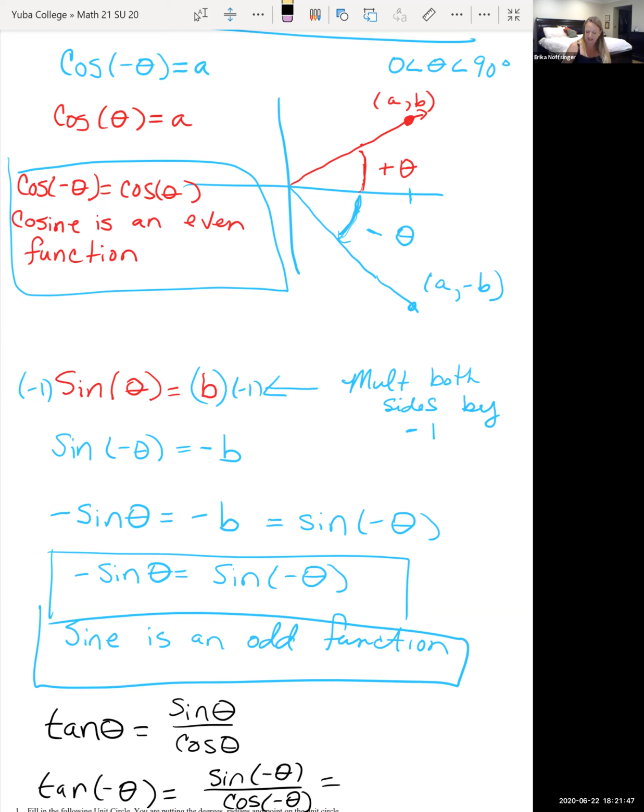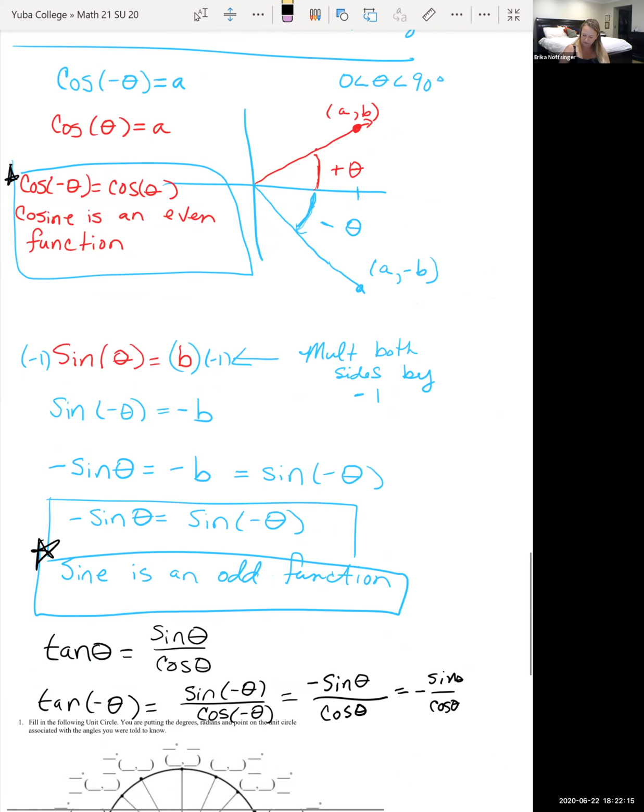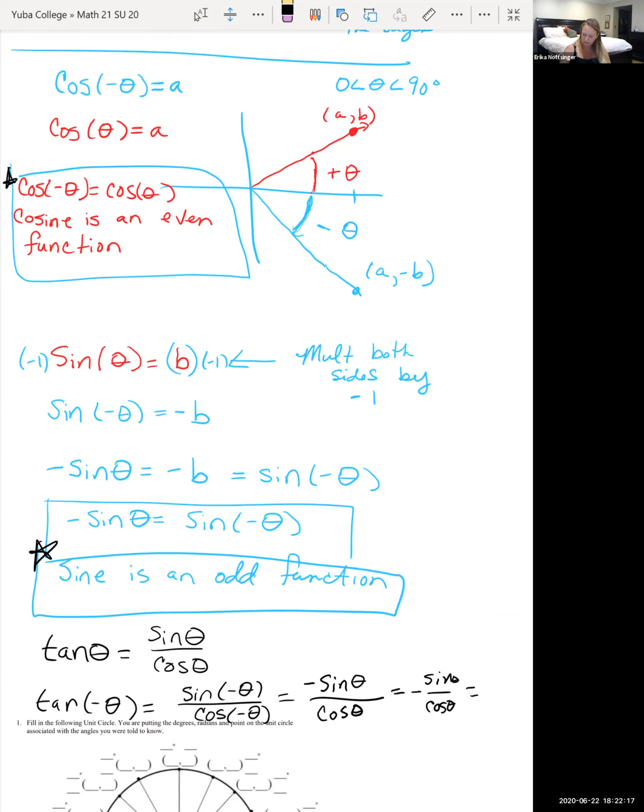Well, sine of negative theta up here, we already said that's the same thing as negative sine theta. We just proved it. And cosine of negative theta, we said that's the same thing as just positive cosine theta. So if I pull my negative out front, which I can, this is negative sine of theta over cosine theta. Well, that's negative tangent theta. So that tells me then that tangent is an odd function.